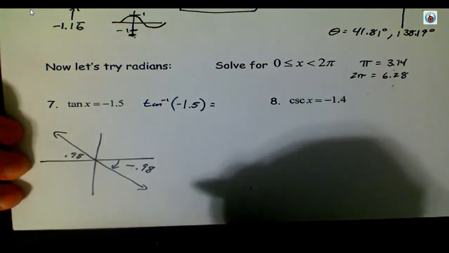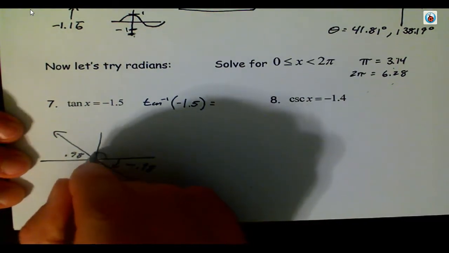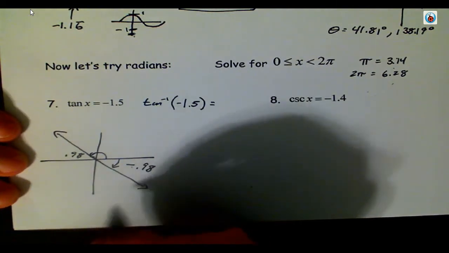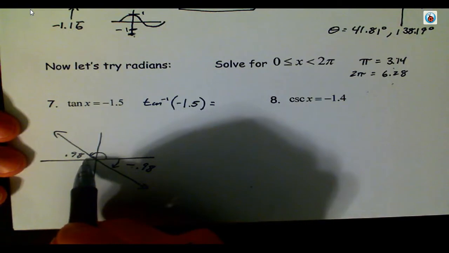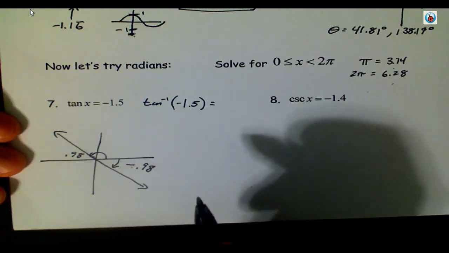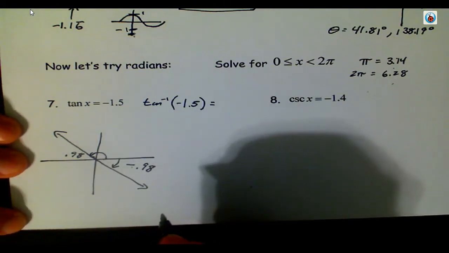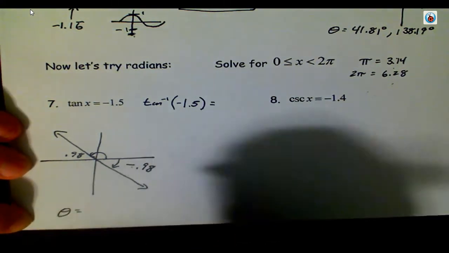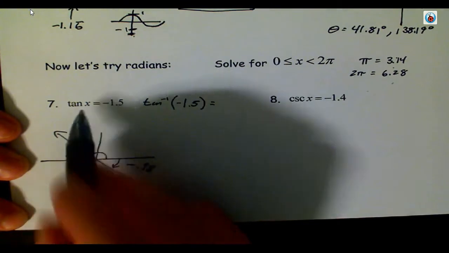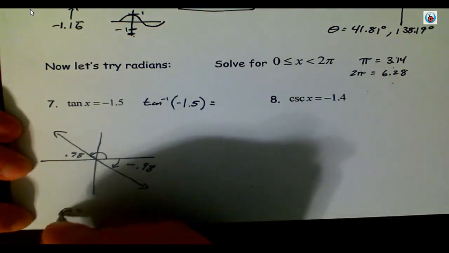Alright, so I need to find this angle right here. I know a straight line is pi, so all I need to do is take 3.14 and subtract 0.98. We're using x now instead of theta, that's fine.